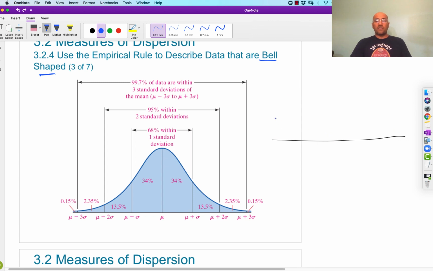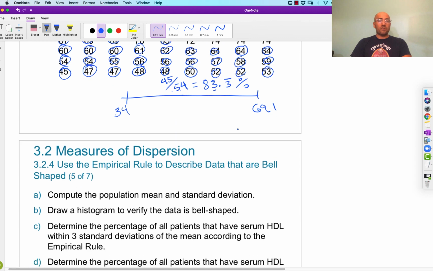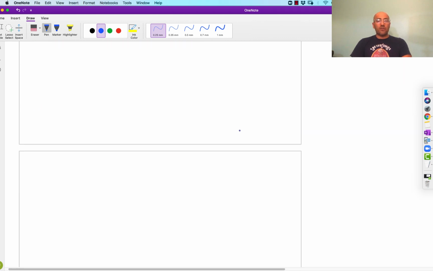Or what if it's just consistent, always about the same, so we have something like this. We'll get more into these kinds of distributions later. I'm just pointing out that there are lots of different distributions out there, not just the bell shape, and the empirical rule only applies to bell shape. So what if it's not bell-shaped, just some distribution in general?